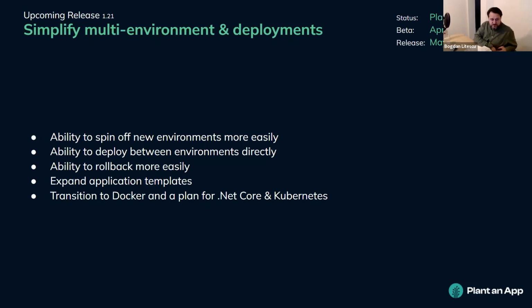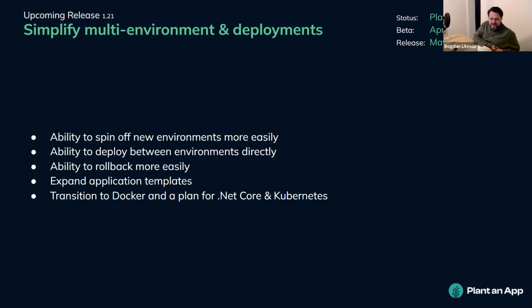One is to be able to create new environments from existing environments more easily, but also the ability to deploy automatically between environments, so we avoid the manual deployments that we have today. And of course, looking at how we can roll back deployments and things like that. So everything that one would expect to find in, let's say, a development stack.